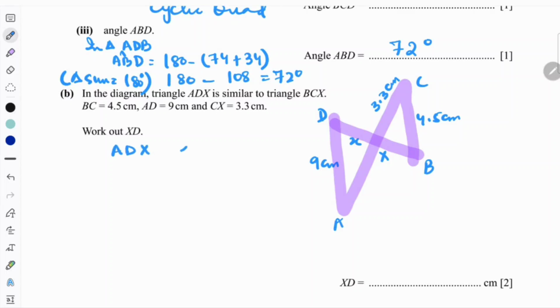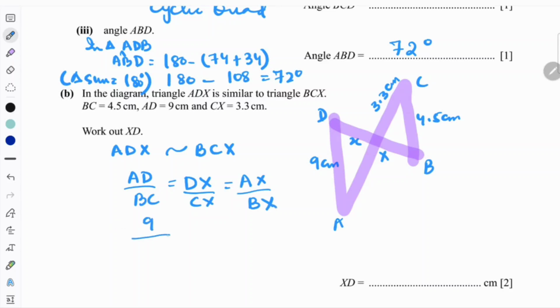ADX is similar to BCX, so AD upon BC equals DX upon CX equals AX upon BX. AD is given, which is 9 centimeters, upon BC is 4.5 centimeters, equals DX is x centimeters upon CX is 3.3 centimeters.